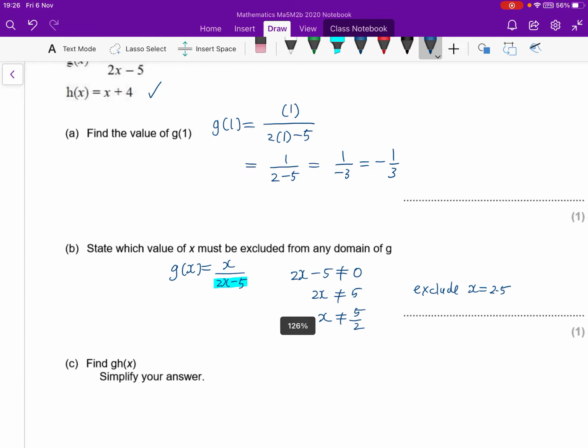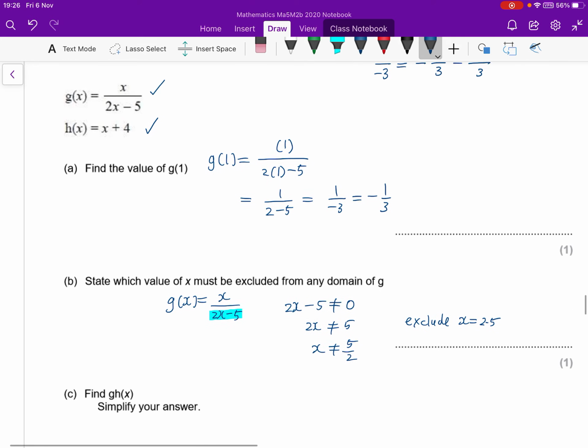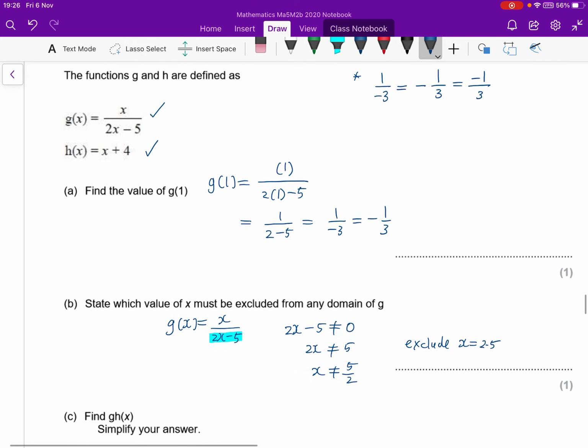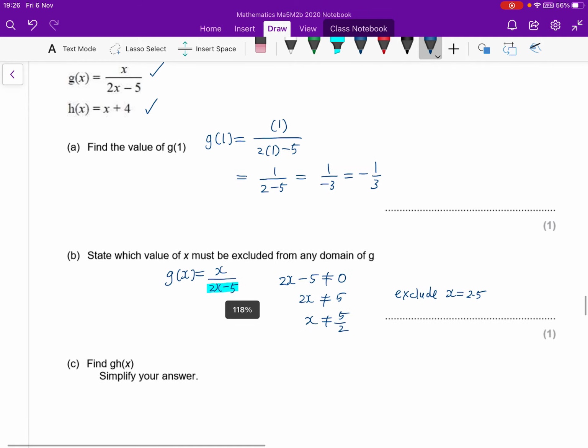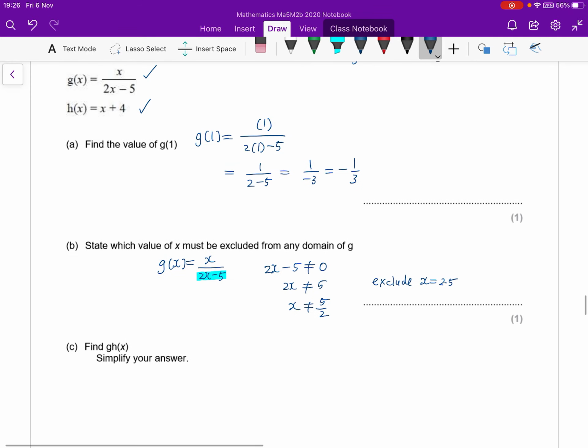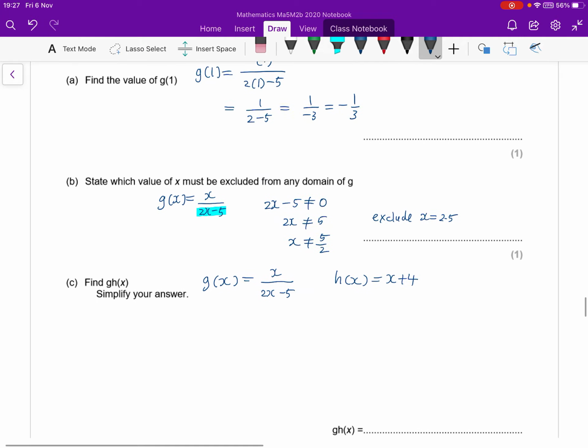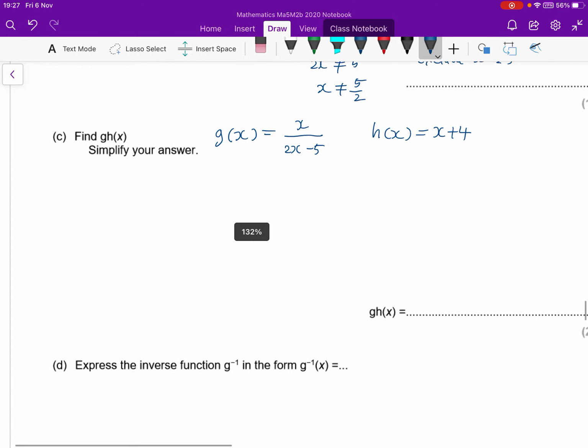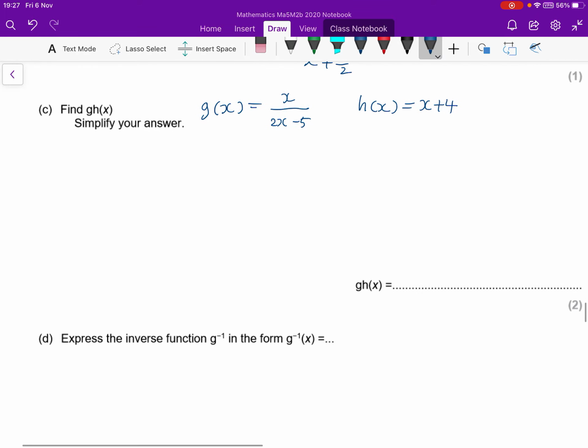Okay? Simple. Next one. Similar to question 12 that we've just done, we want to find gh(x). So I'm going to put it here so that I can see both. Let's write this. g(x) is equals to x over 2x minus 5. h(x) is equals to x plus 4. Now you notice that this is actually an algebra question.